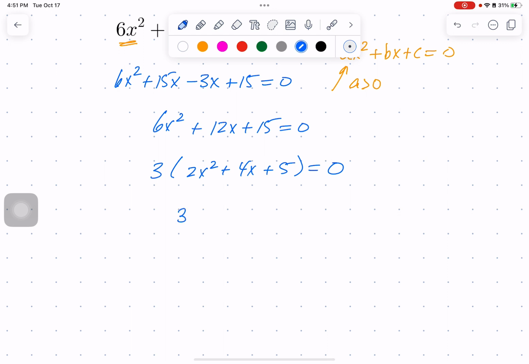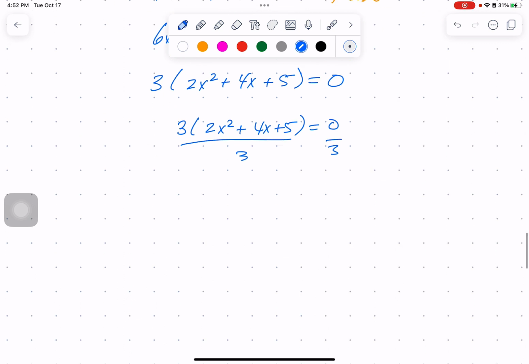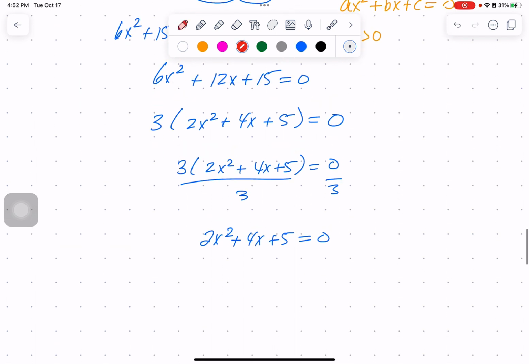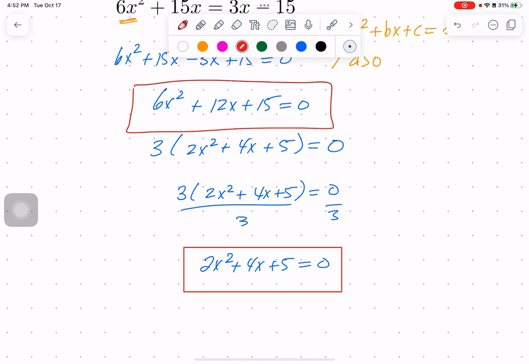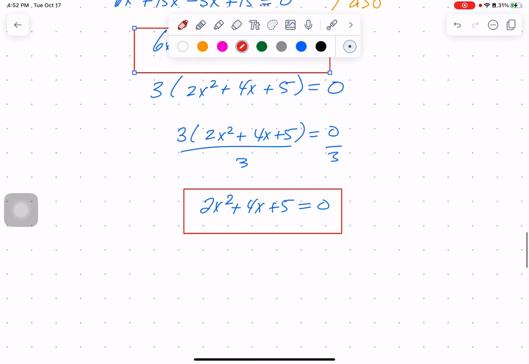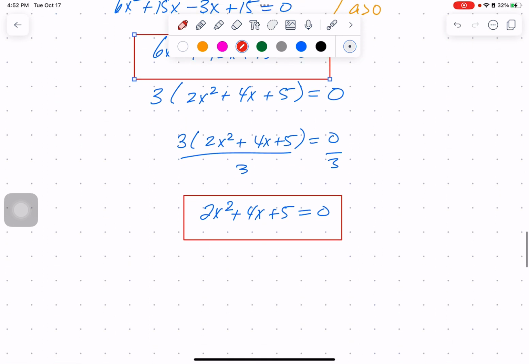If I now divide both sides by 3, zero divided by 3 is still 0. And I get a much easier question to work with, smaller numbers. So I'm going to work with this one, but it's no problem if you worked with the other one. Nobody cares. They're both the same.